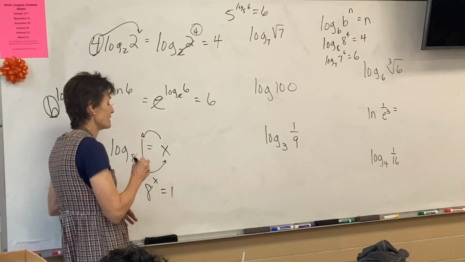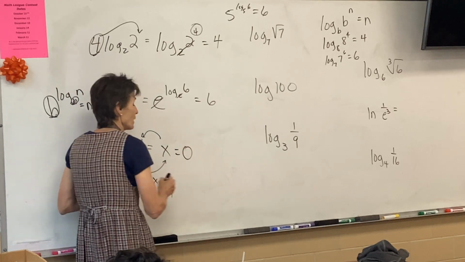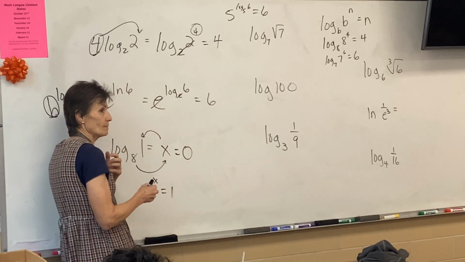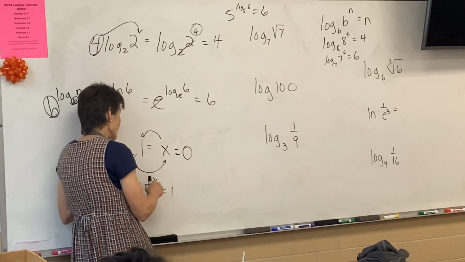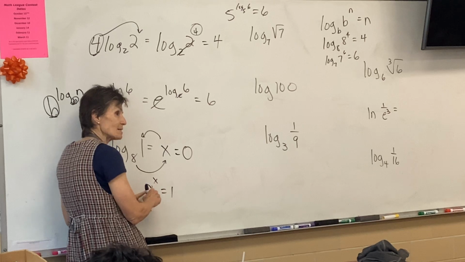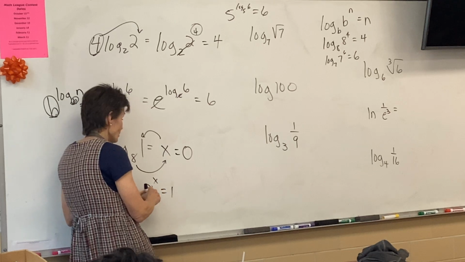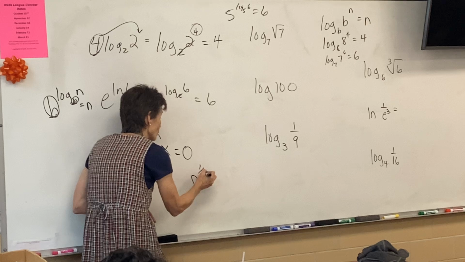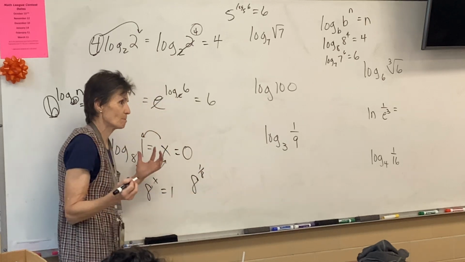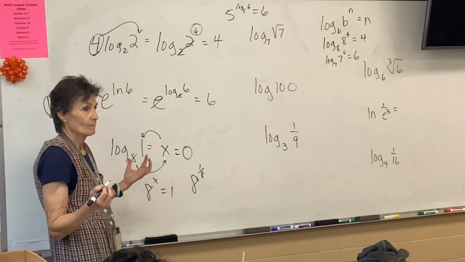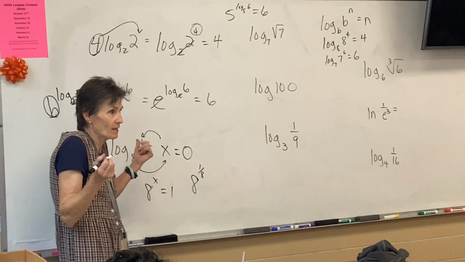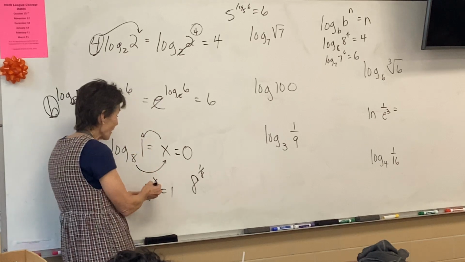Now I heard somebody say, so the answer is 0, okay? I heard somebody say 1/8. Remember, this is not a multiplication, this is a power thing. So that would be 8 to the 1/8. I don't know what that is, but it's not 1. It's some decimal thing, right? So this is a power.